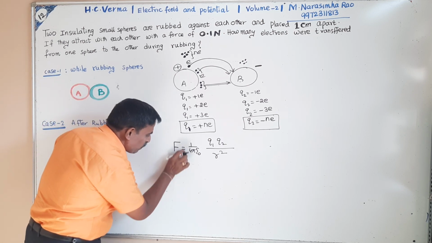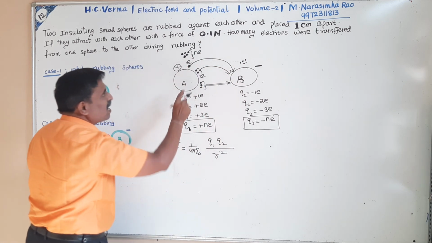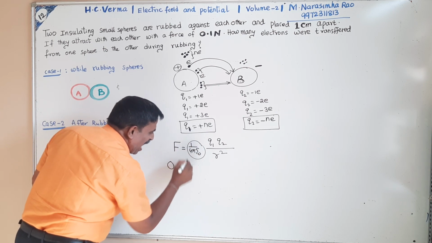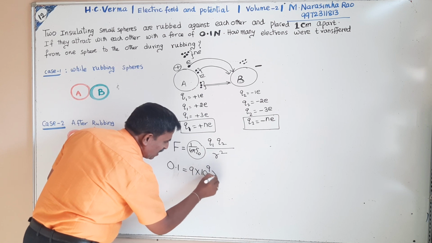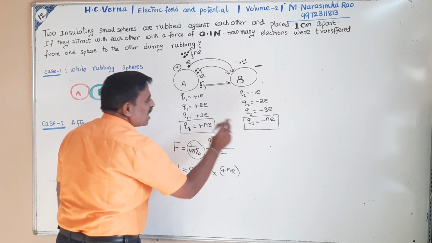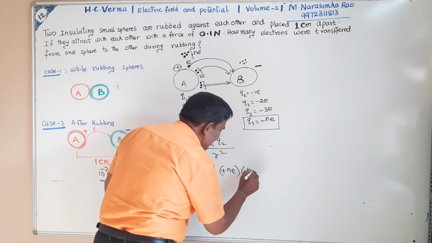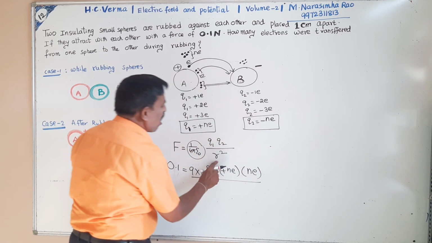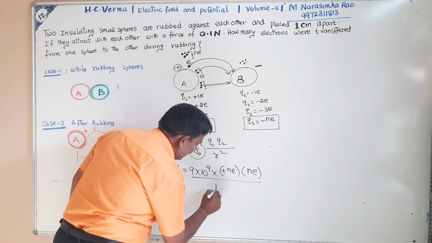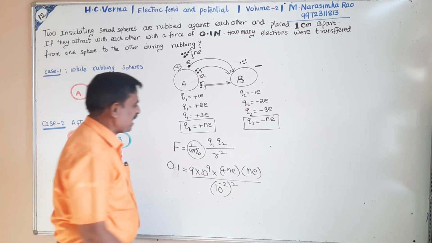F, the force of attraction between these two, is given as 0.1 Newton. 1 by 4 pi epsilon naught has the value 9 into 10 power 9. Charge on the first sphere is plus ne, charge on the second sphere is minus ne. Here I am taking magnitude, divided by r square. Distance is 1 centimeter, 10 power minus 2 meter, squared.